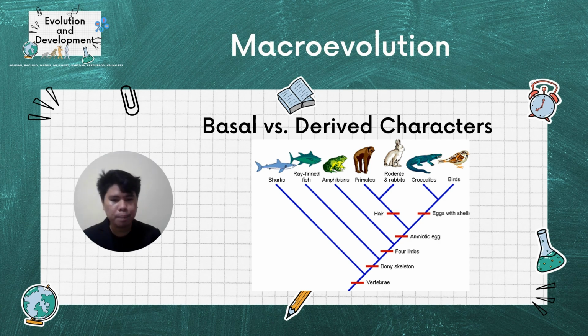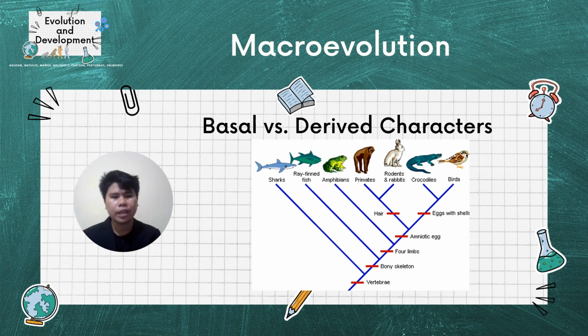For example, fish and other aquatic organisms have gills. That is a basal characteristic because it is shared among many different groups of aquatic animals and is believed to have evolved early in their history.